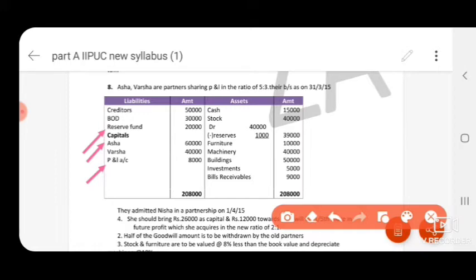Old balance sheet liabilities except capital of old partners, reserve fund, PL account, except these 3, other liabilities transferred to new balance sheet, that is creditors and bank overdraft. Even bills payable also, if you get, we have to record under new balance sheet. Now reserve fund, capitals of old partners, PL account transferred to partners capital account credit side.